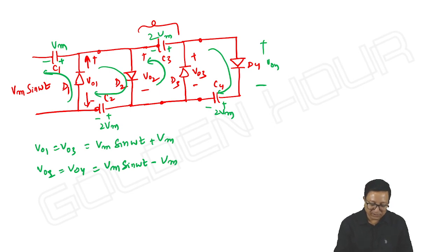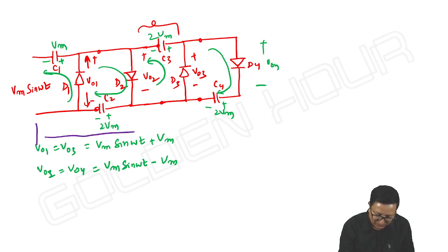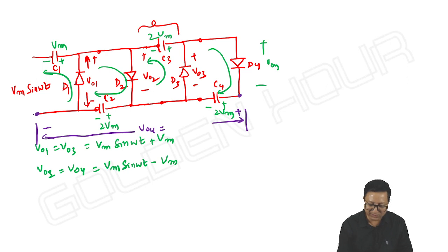That's it. Next, what is the overall output? Voltage quadrupler, I said, no. So, VO4 is taken from this point to this point, right to left. It is 2 Vm plus 2 Vm. It is equal to 4 Vm. Overall output, I can say, not VO4, V output.